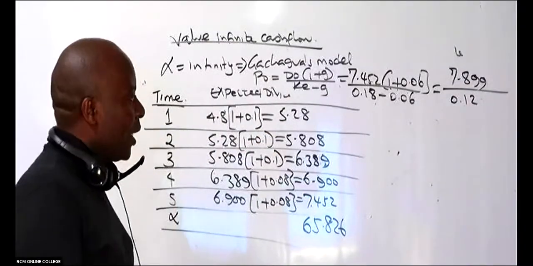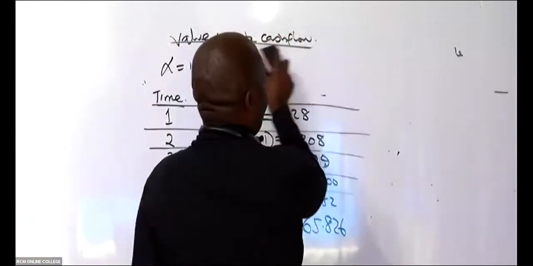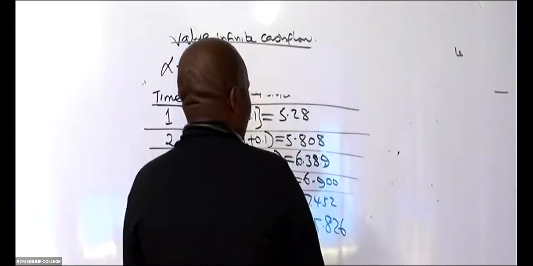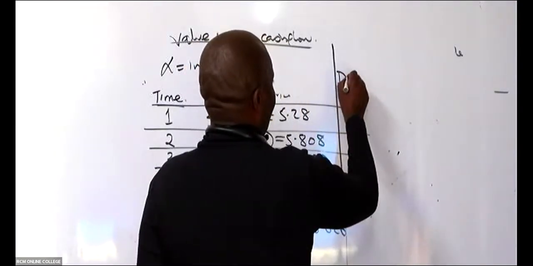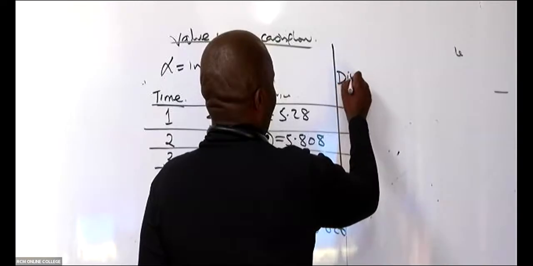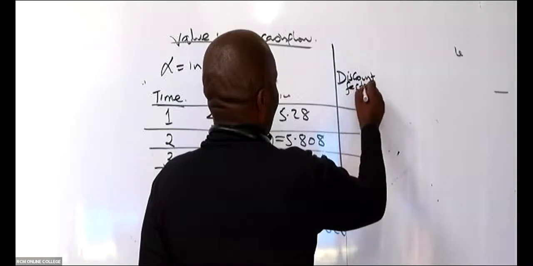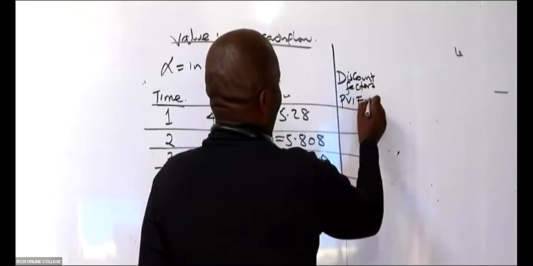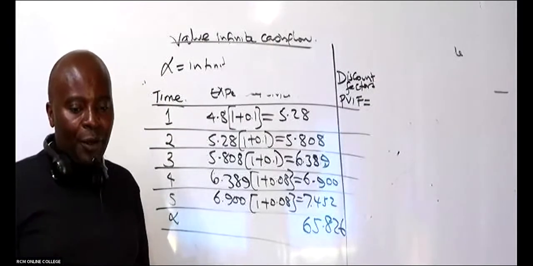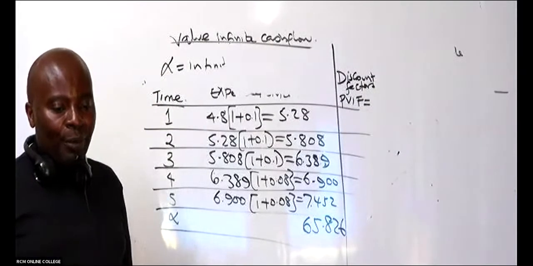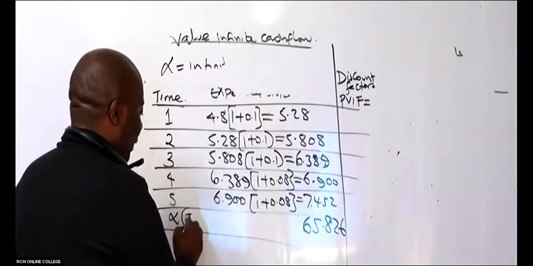So you need to come here and compute what we call the discounting factors, which is the PV, present value interest factor. Is there anybody who is able to remember? This is the same as terminal value.